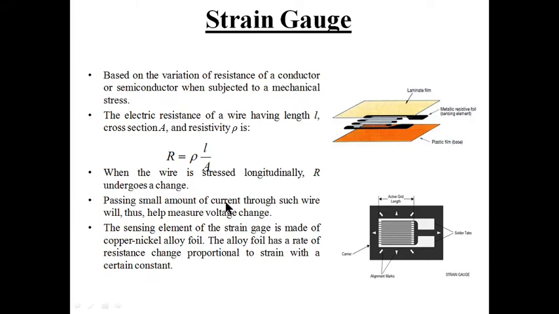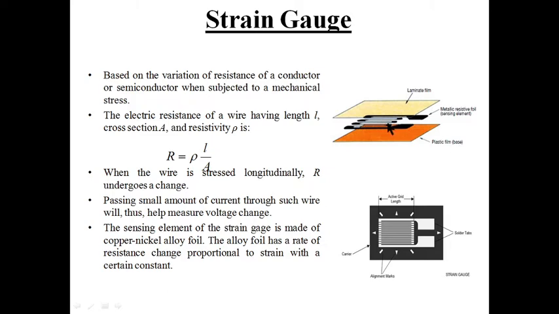The sensing element of a strain gauge is made up of copper nickel alloy foil. Here you can see the copper nickel alloy foil, and this is the complete assembly of a strain gauge. I will show you in the next figure. The alloy foil has a rate of resistance change proportional to strain with a certain constant.